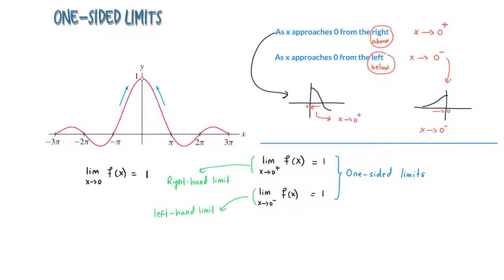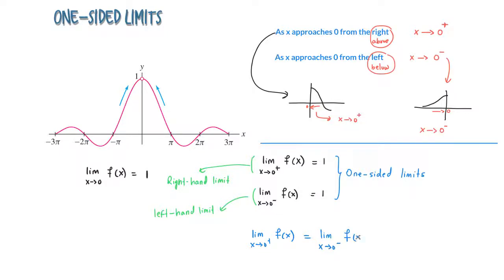Now, in the case of this function right here, it happens that the limit as x approaches 0 from the right of f of x, the right-hand limit, is equal to the limit as x approaches 0 from the left.